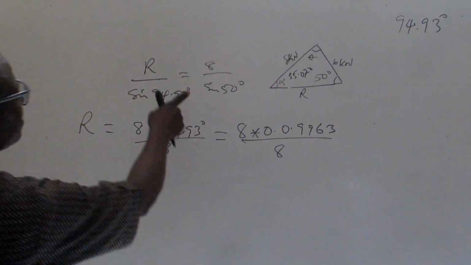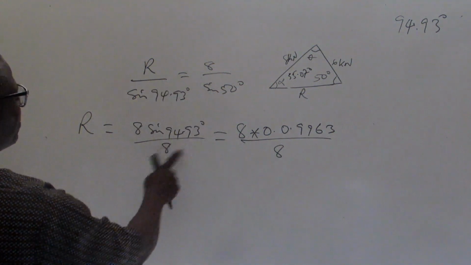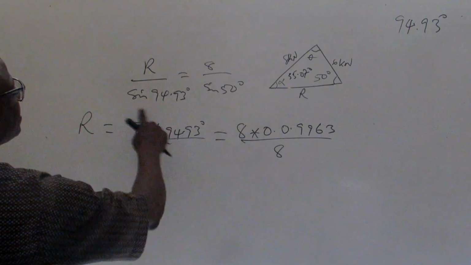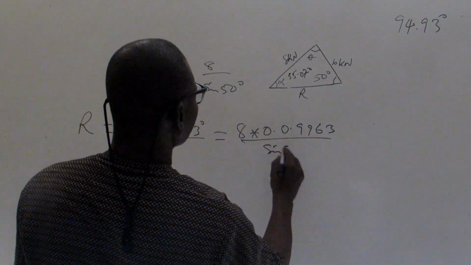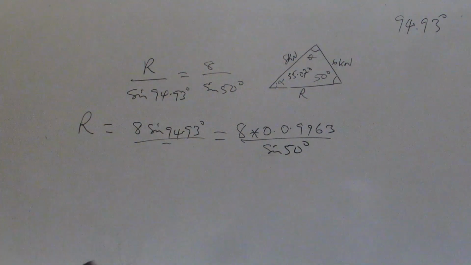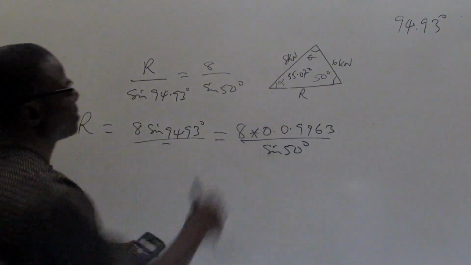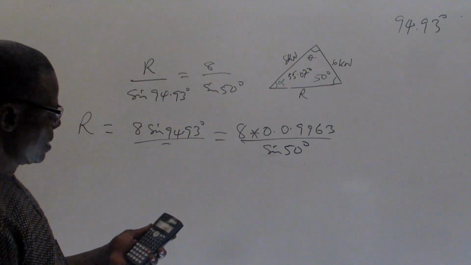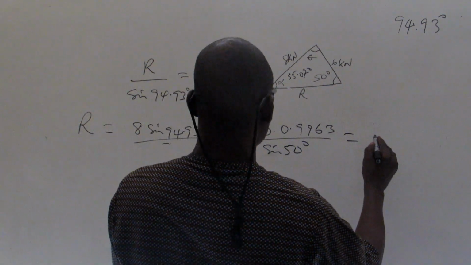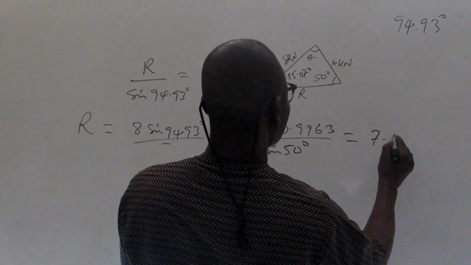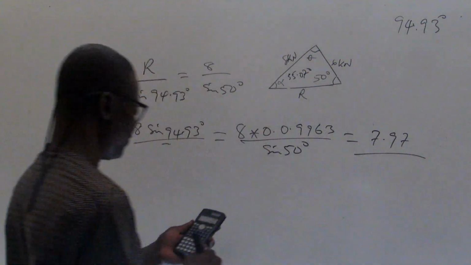Oh, I made a mistake. It is all over sine 50 degrees. That was a mistake. So we multiply this by 8, which is equal to 7.97 all over sine 50 degrees.